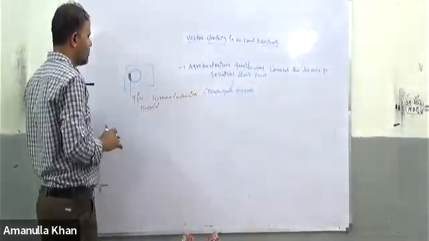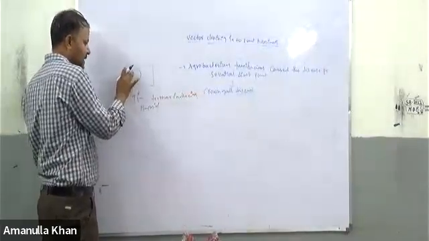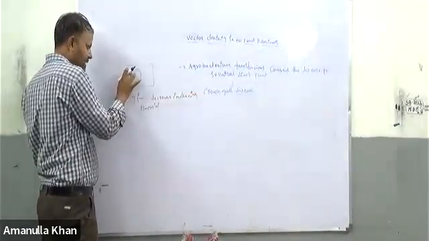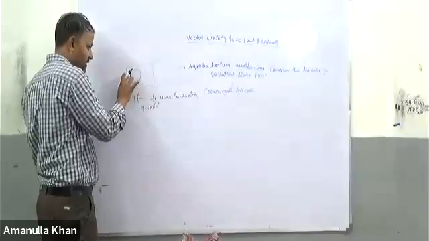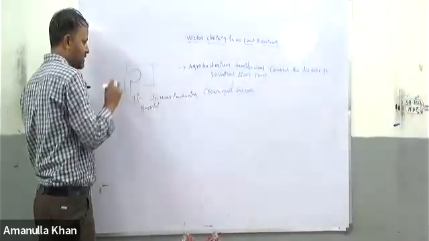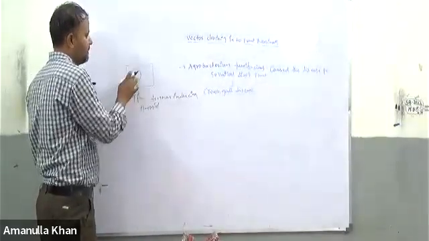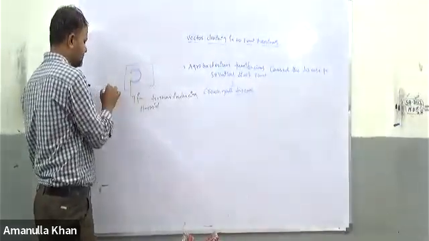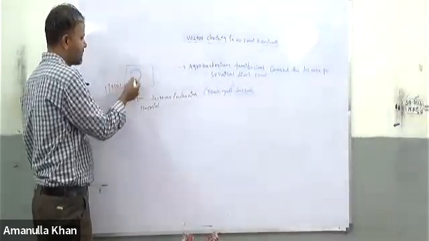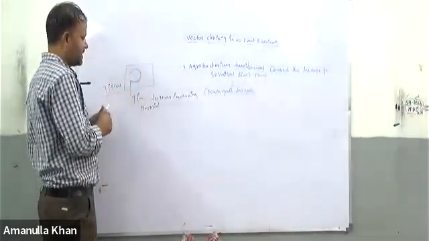Now that means in the bacteria's plasmid, the Ti gene is removed from the plasmid and replaced by a normal gene.